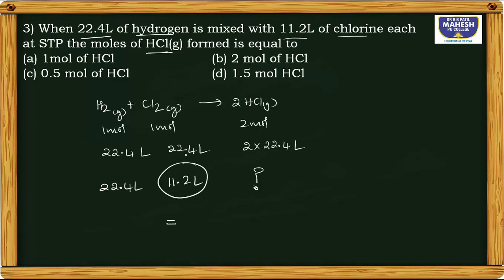Let us do the cross multiplication. 22.4 liters gives 2 into 22.4 liters, then 11.2 liters gives how much? So 11.2 liters into 2 into 22.4 divided by 22.4. This and this are going to cancel. Remaining is 2 into 11.2, nothing but 22.4 liters only. So 22.4 liters of HCl means it is 1 mole of HCl. Hence which option is correct? It is option A.